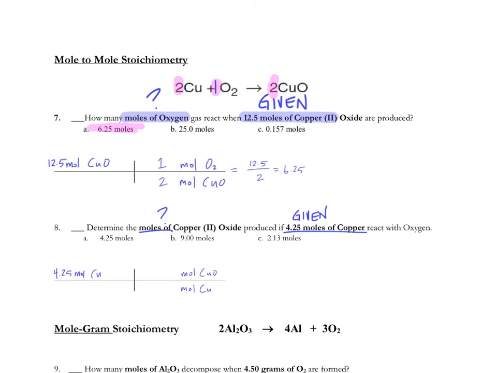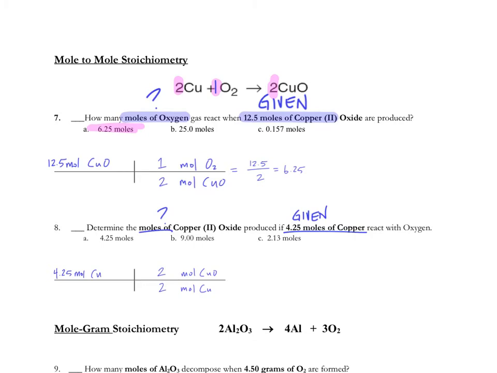So the ratio of copper to copper oxide, I've got a coefficient of 2 for copper and a coefficient of 2 for copper oxide. So the ratio is 2 to 2. So we're going to write that in here as a 2 to 2.